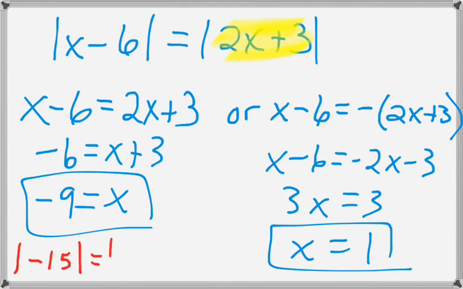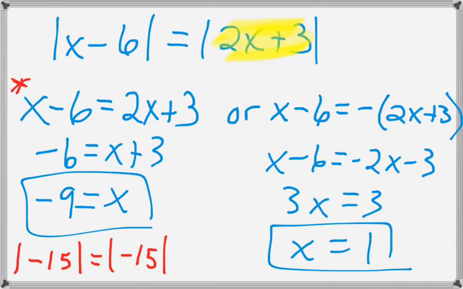On the right, we would have 2 times negative 9, which is negative 18, plus 3, which is negative 15. So these are equal. The stuff inside the absolute value is even equal, which is what we were claiming when we set up the equation x minus 6 equals 2x plus 3.